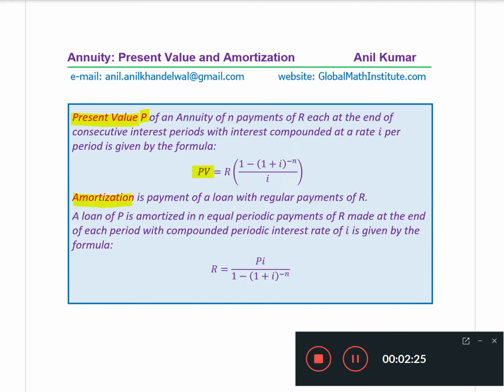Now what is amortization? Amortization is payment of a loan with regular payments of R. On calculators, you might find a function PMT.